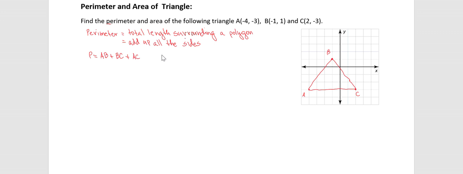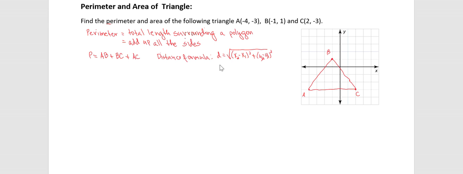To determine the length of each side, we use the distance formula, which is the square root of (x2 minus x1) squared plus (y2 minus y1) squared.